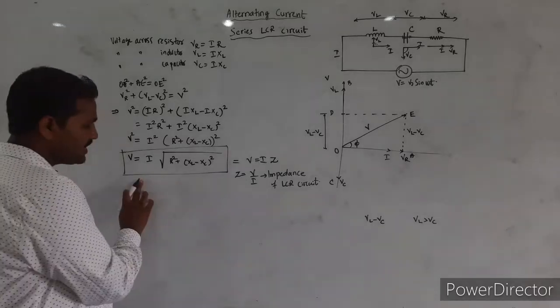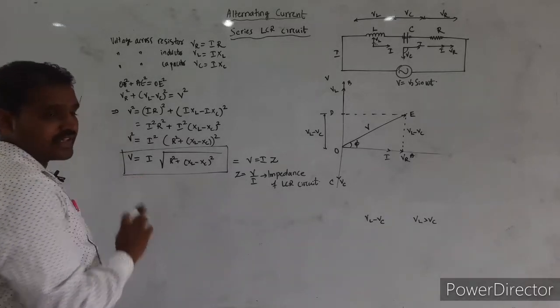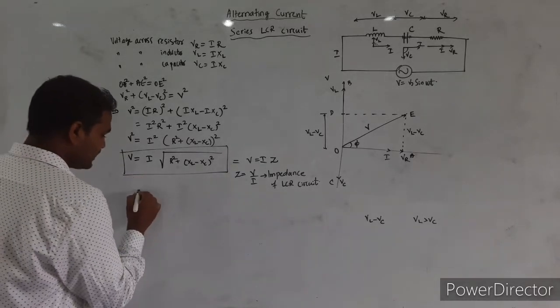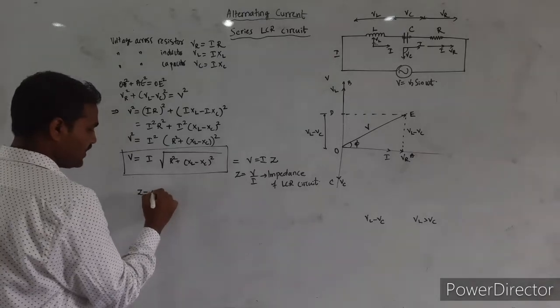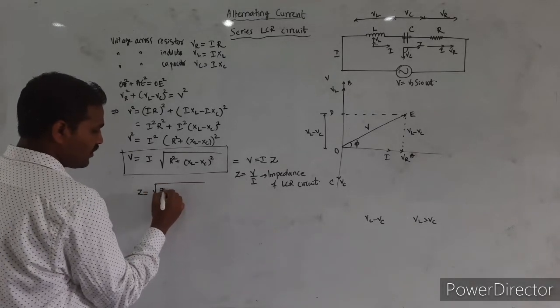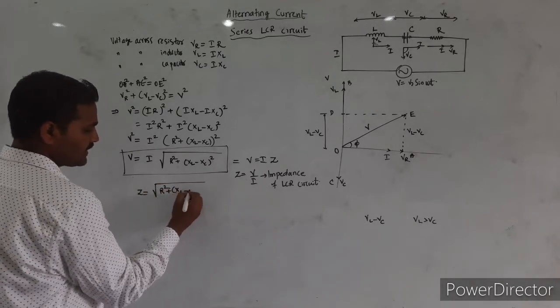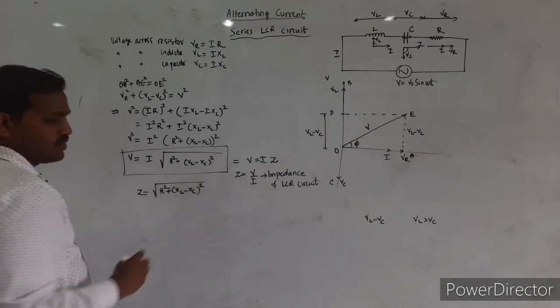This is the equation for effective voltage, and Z, that is impedance, is given by square root of R square plus (XL minus XC) whole square.